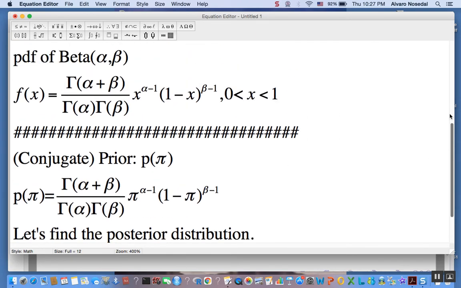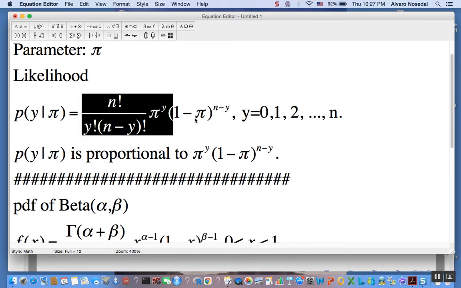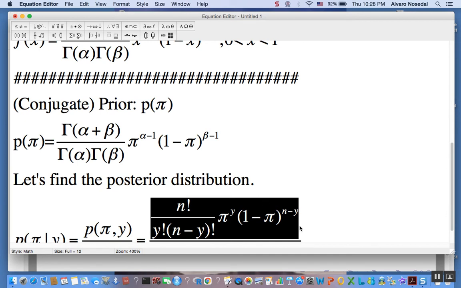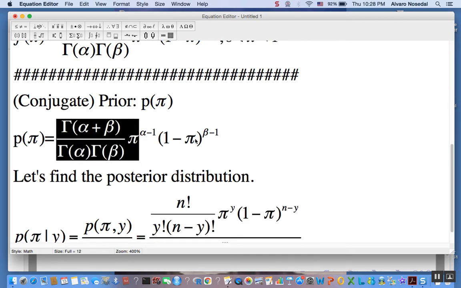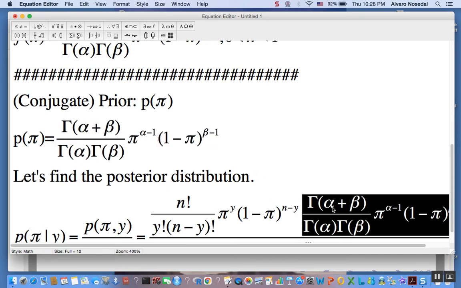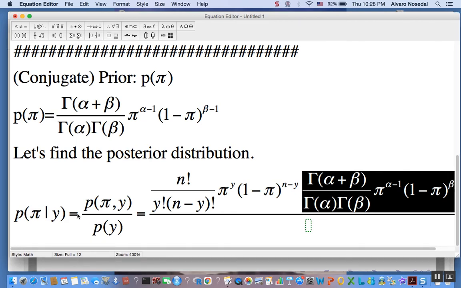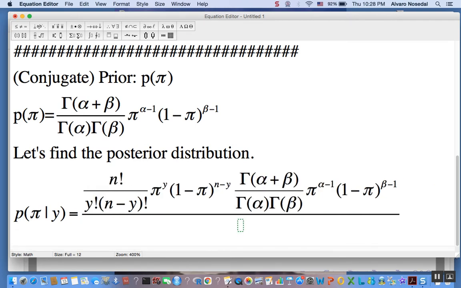This is our likelihood, and we're going to be multiplying by that prior. That's our first candidate.